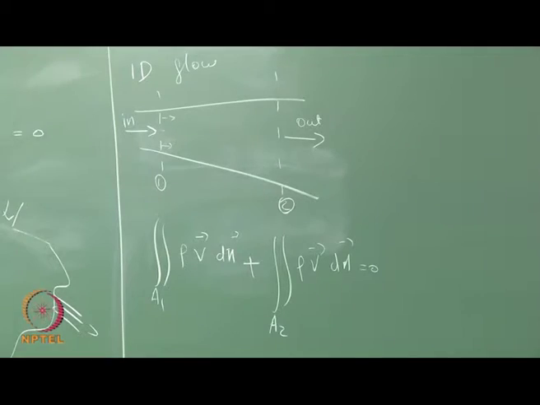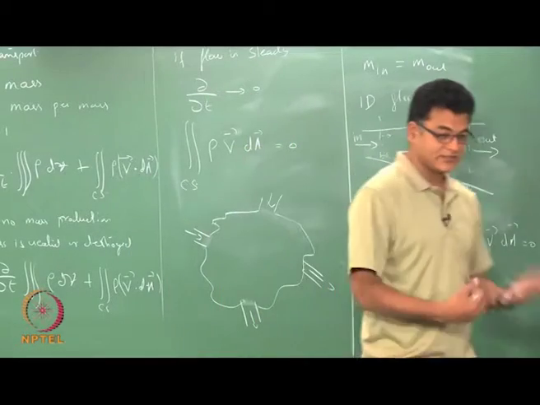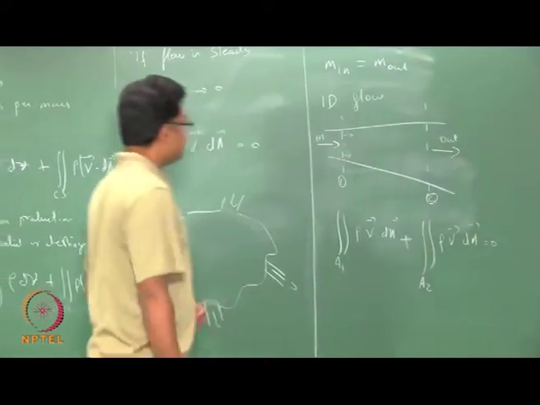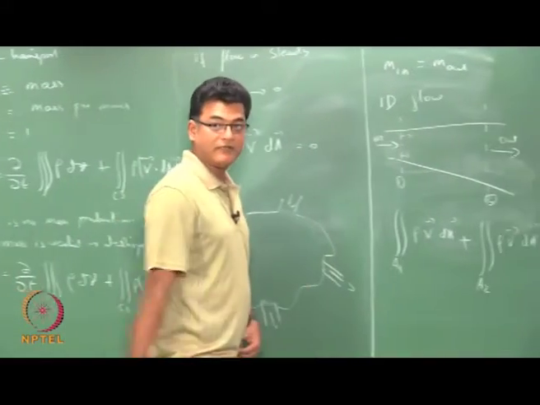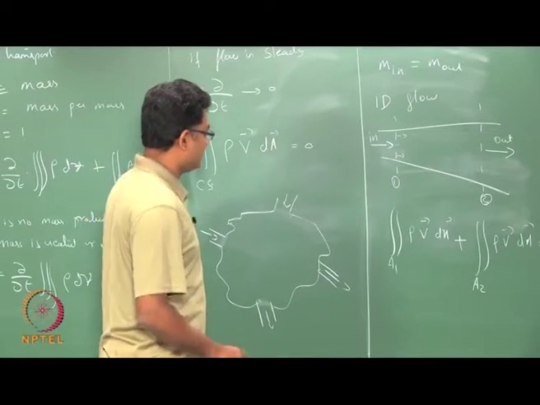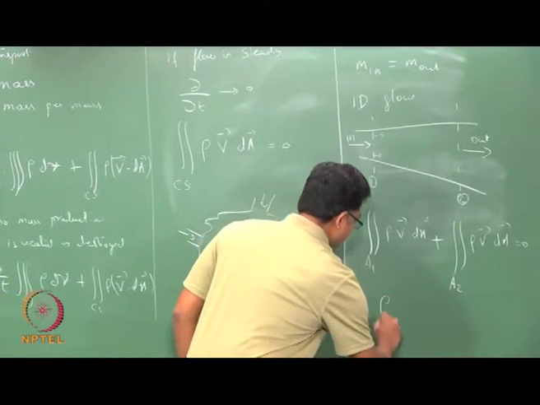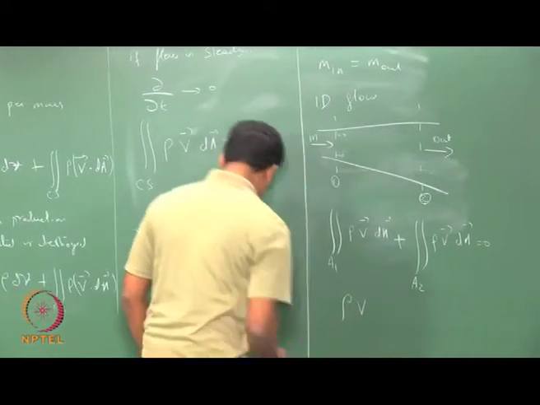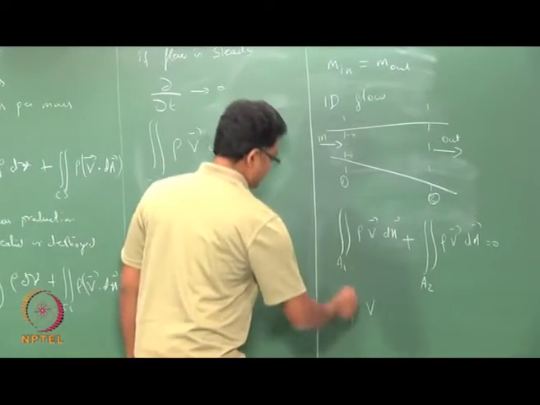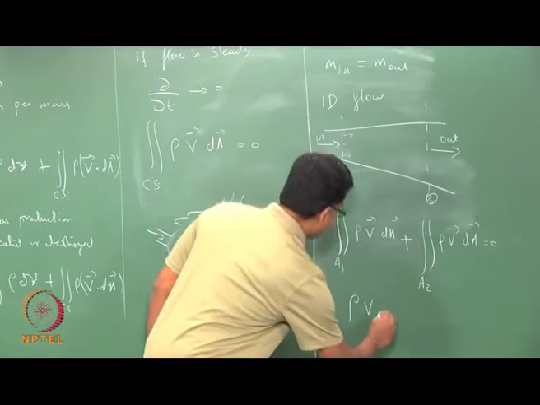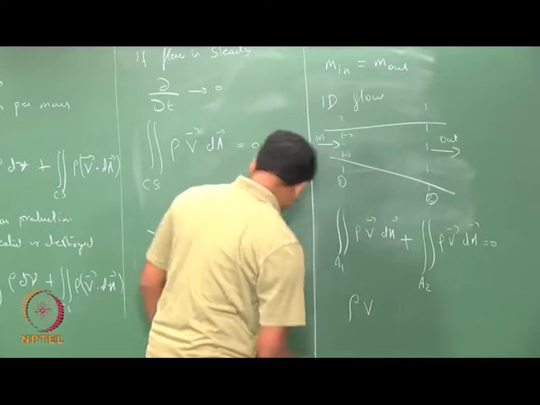So, if the fluid that is coming in is considered positive and that is going out as negative, then you can rewrite, assuming 1D flow with 2 exits.